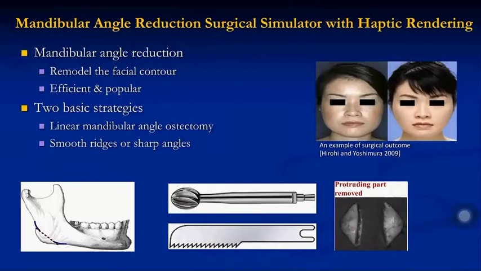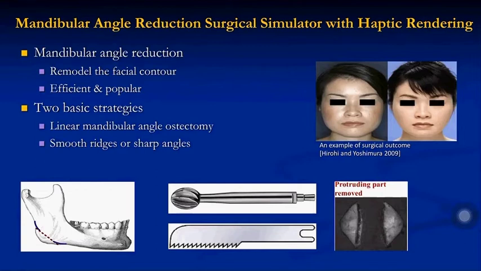Another type of simulator that I would like to introduce is one where the main focus is haptic rendering. This is a mandibular angle reduction surgical simulator. Mandibular angle reduction is mainly for remodeling the facial contour. It is a quite efficient and quite popular procedure. There are two basic strategies involved.